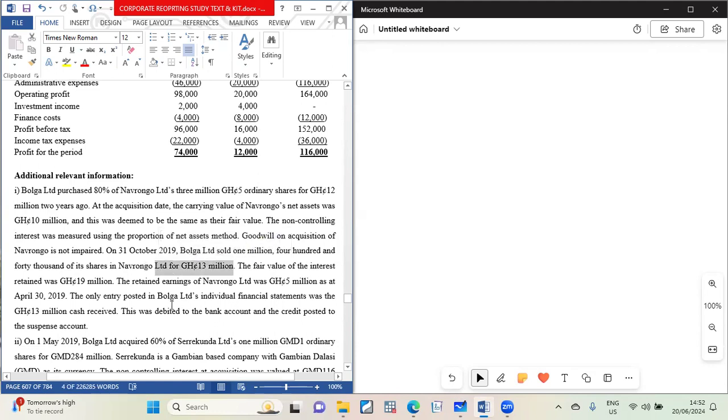So we have some interesting things to deal with here, because Bolga disposed. So there is a disposal, and everything we learned in disposal will bear here. Remember disposal. It says that the fair value of the interest retained is 9 million. You remember, this thing should be coming up.